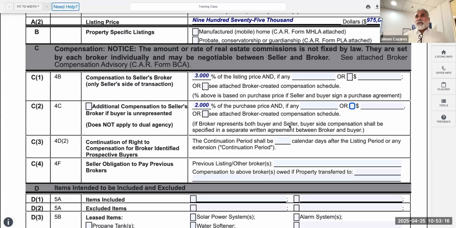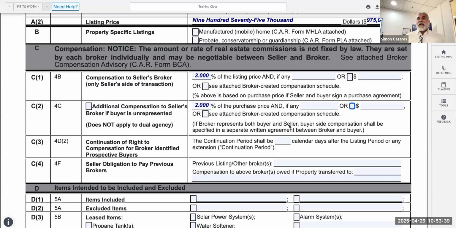Now, there's also language on the BRBC that says if anyone other than the buyer credits you compensation, it offsets the buyer's obligation to pay you. Meaning, let's say you submit a request of 2.5%, and on the buyer representation agreement you put 2.5%, and the seller says, I'm willing to pay 2.5%.